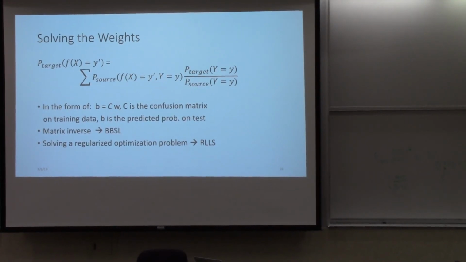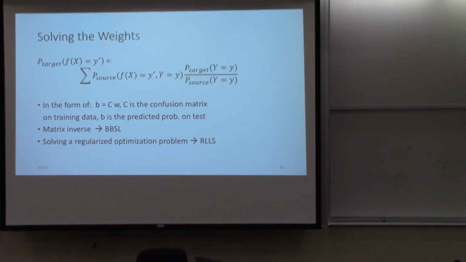You have some target data, and you just apply this f to the target data and get the predictions. So it only depends on x, because you are only applying this fixed predictor onto your target data and counting how many times it gave different labels, or rather, not just counting them but using the probability.